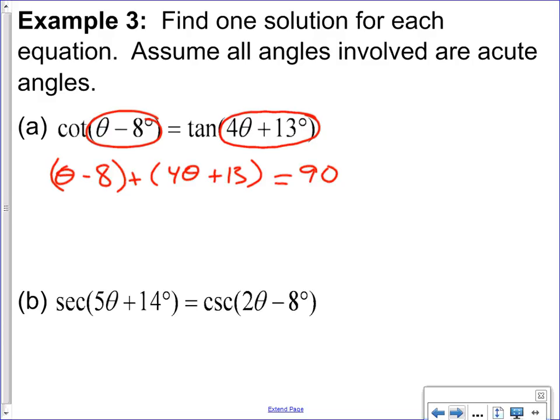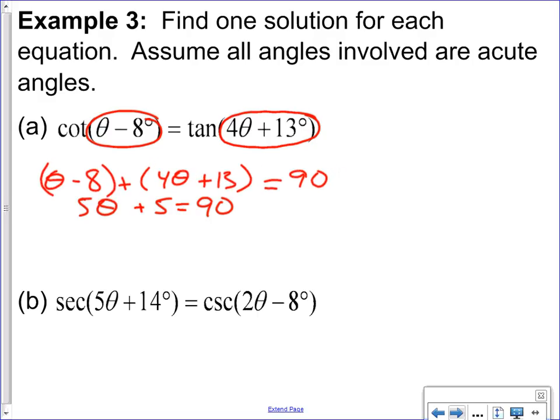Combining like terms, you have 5 theta plus 5, is that right? Is equal to 90. Is it minus 13? You're right, it is minus 13. My bad.